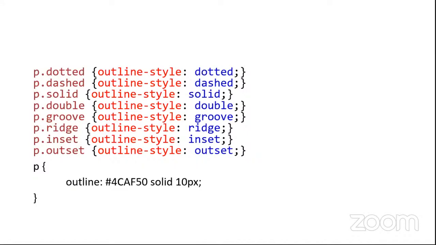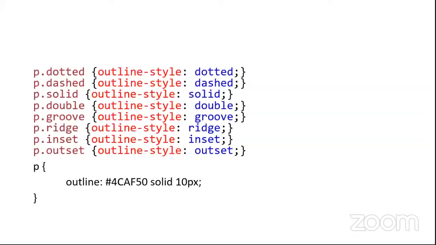So we may define outline style in this way. And this is also another example, a shortened way to write the outline, instead of defining the border style, border color, and border width in separate attributes. So this is the shortest way.